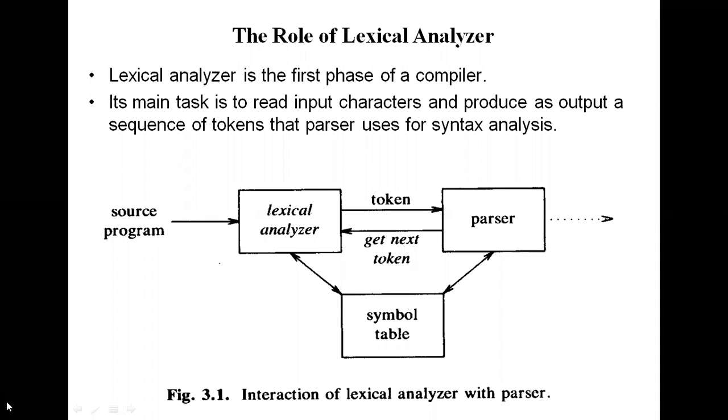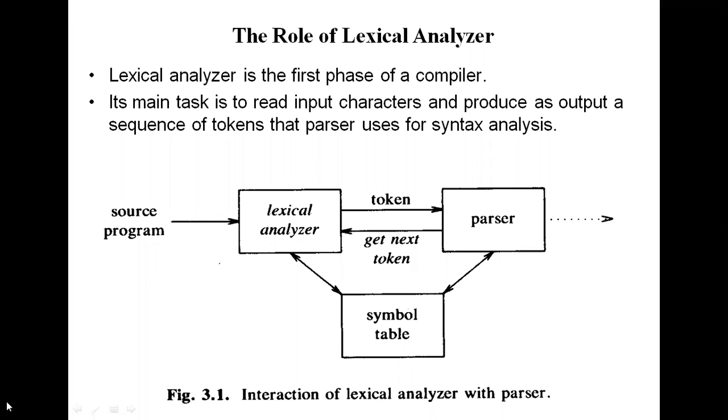We have different types of tokens, but depending on the program, we choose what type of token we are recognizing and give the name to that particular character. Up to this, the lexical analyzer phase is completed.